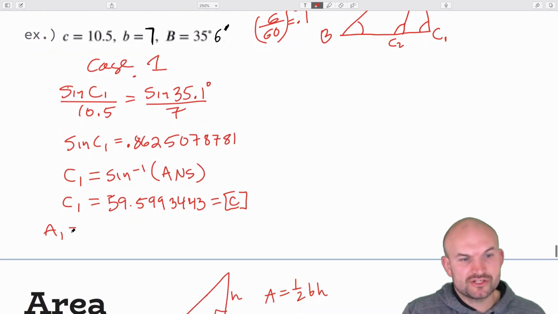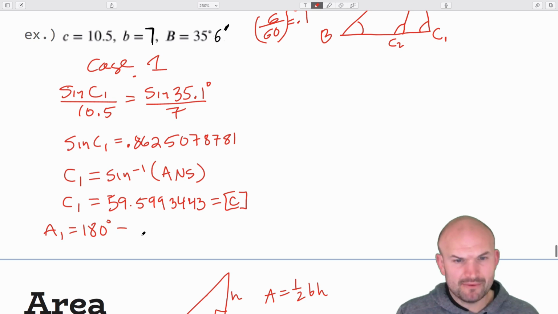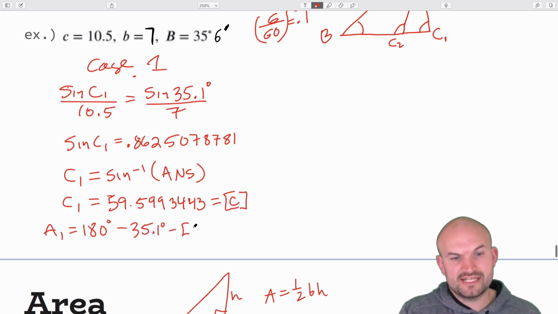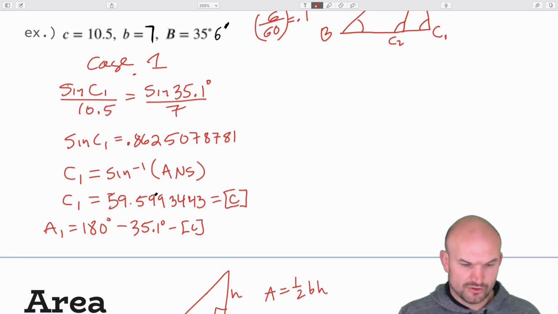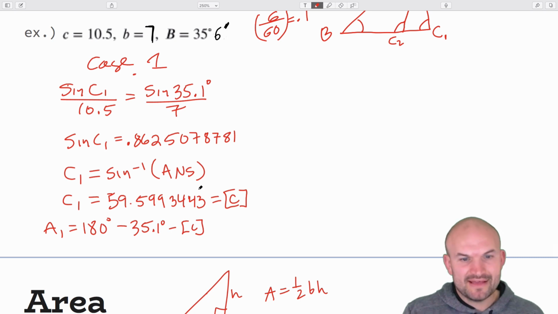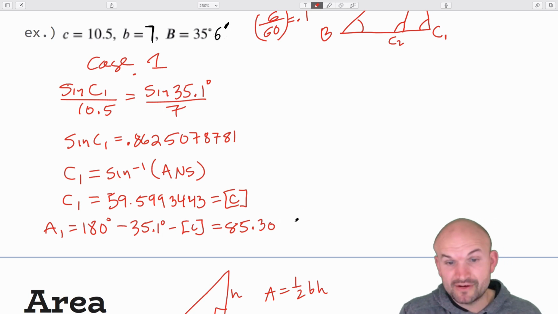So A1 is going to be 180 degrees minus 35.1 degrees minus stored C. Okay, so I'll just do 180 minus 35.1 minus my stored answer, alpha C, and that gives me 85.30001, which is rounded. So I'm going to store that as alpha A.